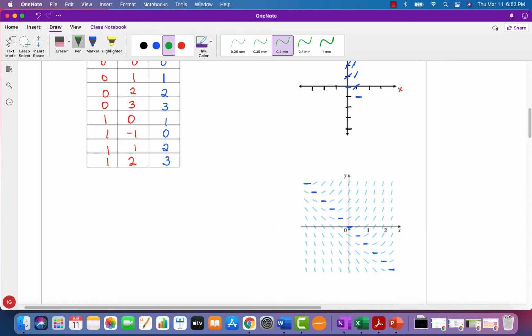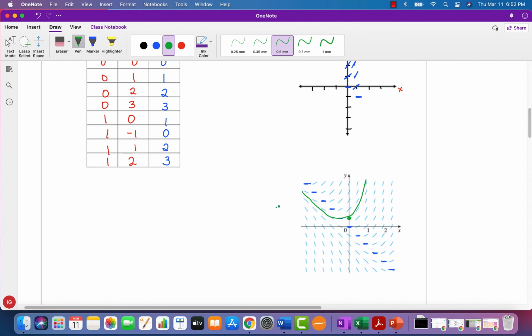So (0, 1) has a slope of 1. And notice this tells you the direction of your curve. Ta-da!